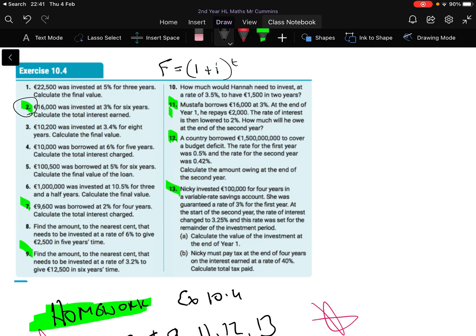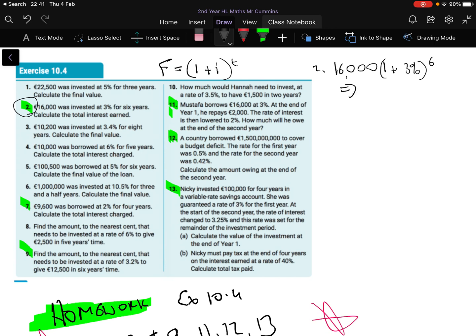In this question, your premium is 16,000, that's your P. Then 1 plus the interest rate, 3% or 0.03, whatever you want, and how many years are they saying? 6 years.